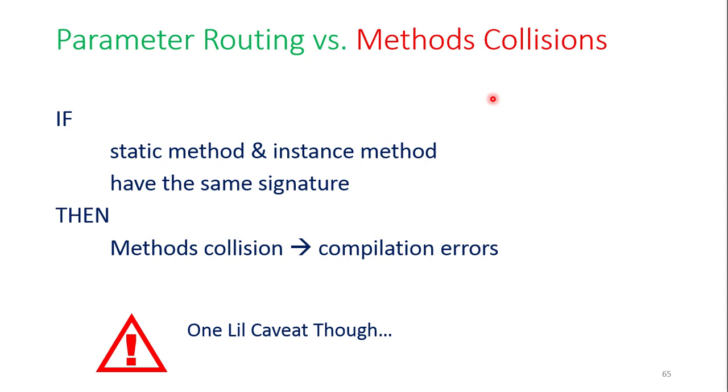Now, there are some cases, and these are a little bit weird cases. For example, you can have a method that is static. So that means that you don't need to use a lambda parameter to call that method on that object. But at the same time, it doesn't take a parameter. So you don't need either to pass what you get from the stream as parameter to that method.